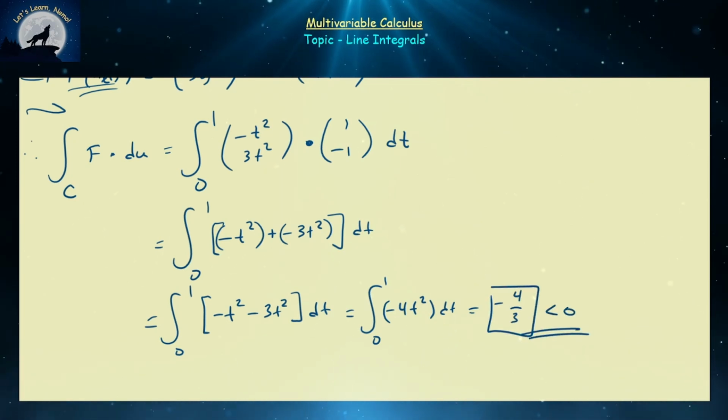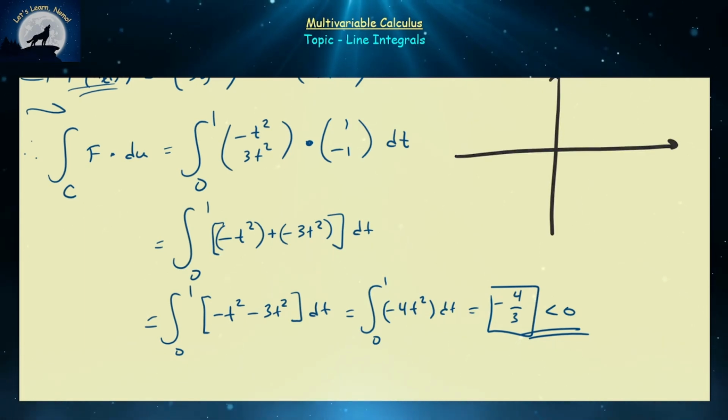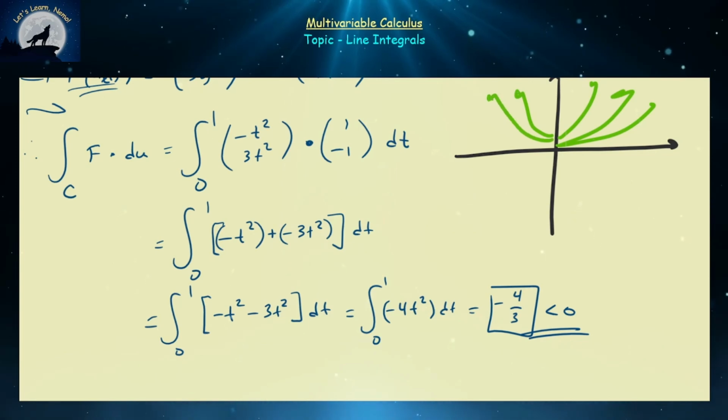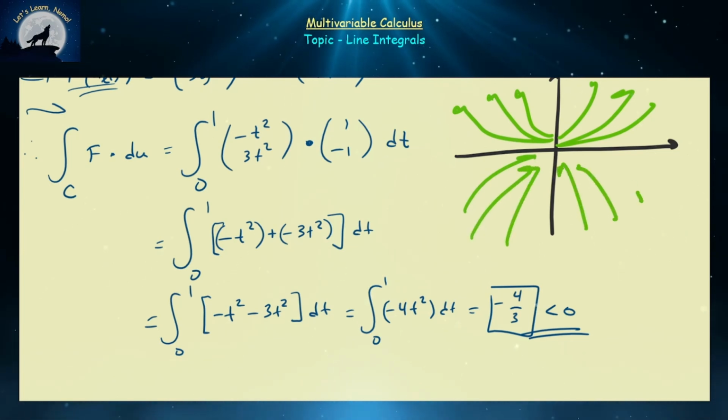So what does this exactly mean? If we were to graph this particular vector field, what you would get is something that looks like this. So lines that go upwards above the x-axis and lines that go inwards below the x-axis, right?